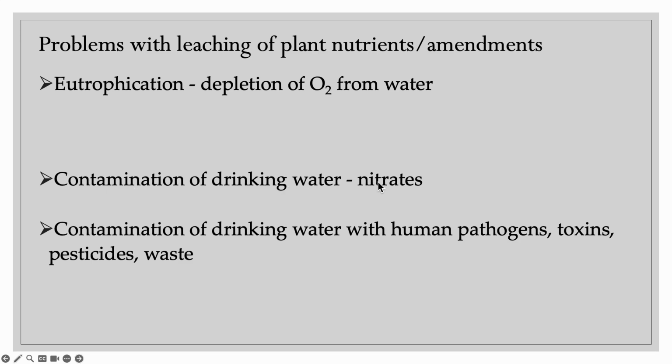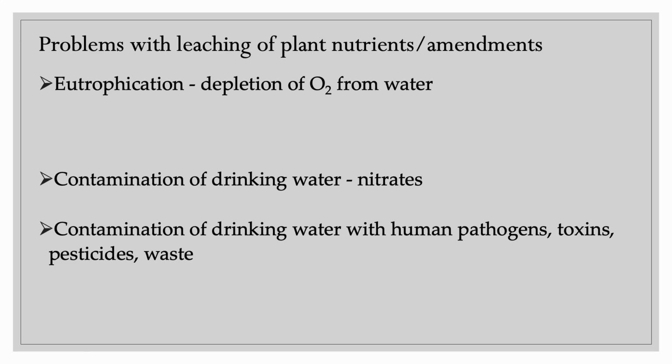We can have contamination of drinking water, such as nitrates, and I'll definitely address this when we talk about the nitrogen cycle, because that's a pretty big deal. And we don't want to contaminate our drinking water. So maybe some of our human wastes, our toxins and pesticides and other wastes, like let's say we have a septic system that fails and that human waste gets into the groundwater, the water table.